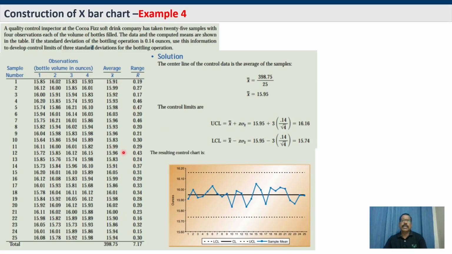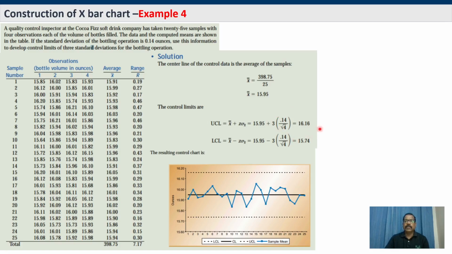Once you know the X bar and R, you know how to calculate the X double bar and R bar data. Then X double bar plus 3 sigma X bar. Sigma X bar you can calculate from the equation, the standard deviation divided by the square root of the subgroup size, like 4.